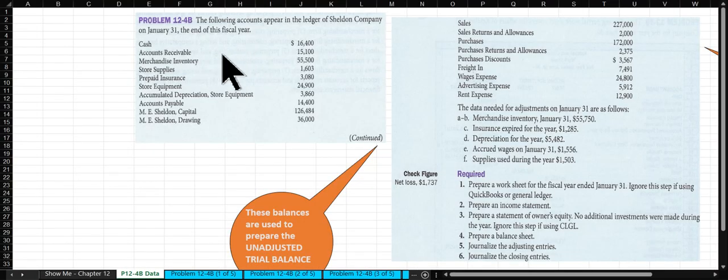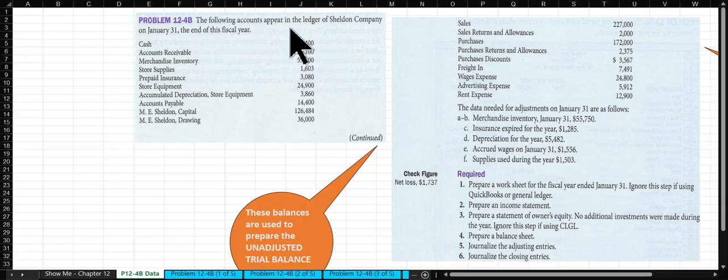We're going to be using problem 12.4b to illustrate the key concepts for this particular chapter. And these are the ledger balances for Sheldon Company. And it says on January 31st, which is the end of the fiscal year.